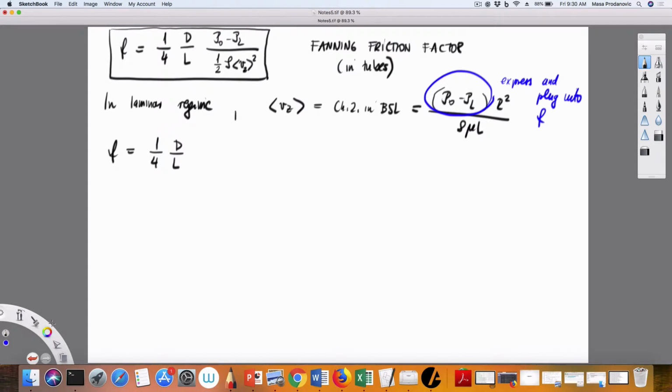So when I do that, this is 8 nu L Vz divided by R squared, which is 1 over 4 d squared. So I just plugged in for R, and times 1 over 1/2 rho Vz squared.